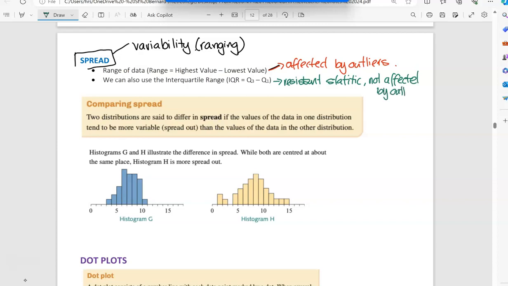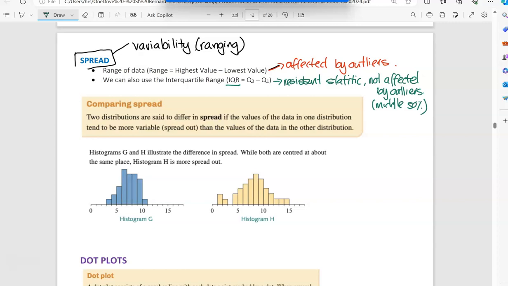It's a better version of the range because that 50% is the majority. If I say the middle 50% ranges between here and here, that's a good stat to use. So if you're not asked to find the range, if you're just commenting on your histogram, go with the interquartile range because it works for all of them, where the range is not good if we have an outlier.